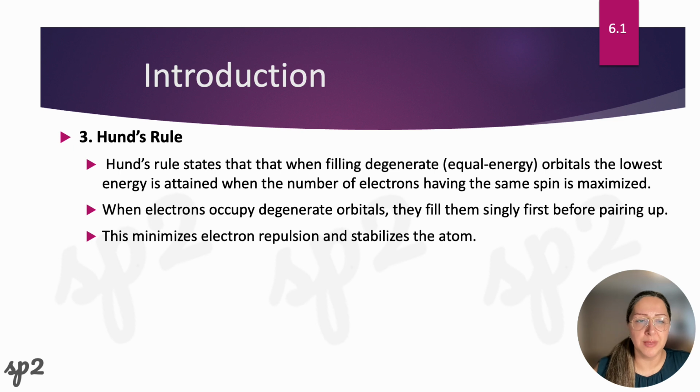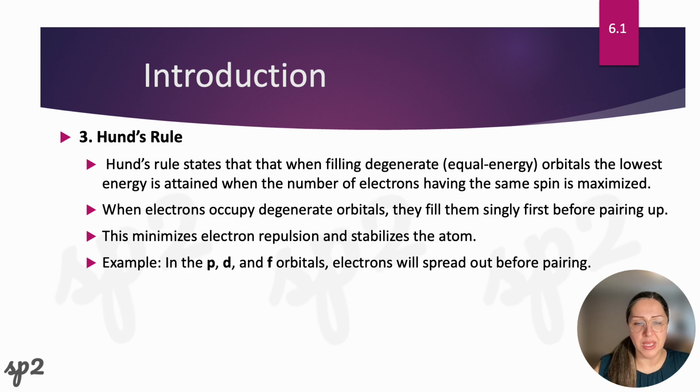This helps minimize the repulsion between the electrons and therefore maximizes their stability. For example, for p, d, or f orbitals, where we have a number of degenerate orbitals, the electrons must spread out before we pair them up. Okay, excellent.